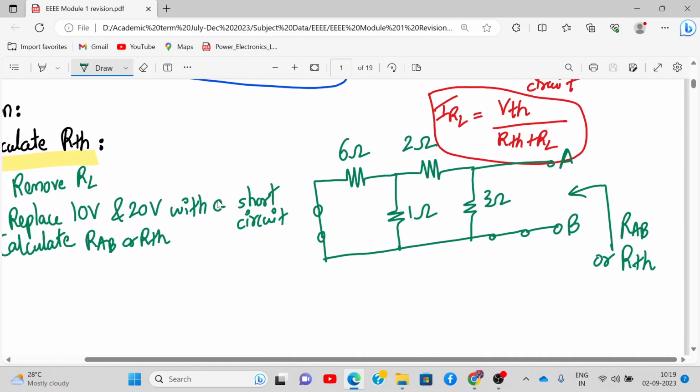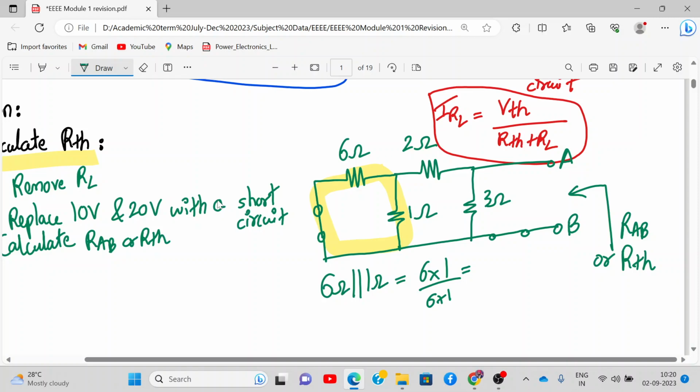Okay. Now from this circuit we will calculate RAB. Now tell me how to do that. So over here 6 ohm resistance is in parallel with 1 ohm resistance, correct? These two are in parallel. So please calculate 6 ohm in parallel to 1 ohm. How do you do that? 6 into 1 divided by 6 plus 1.